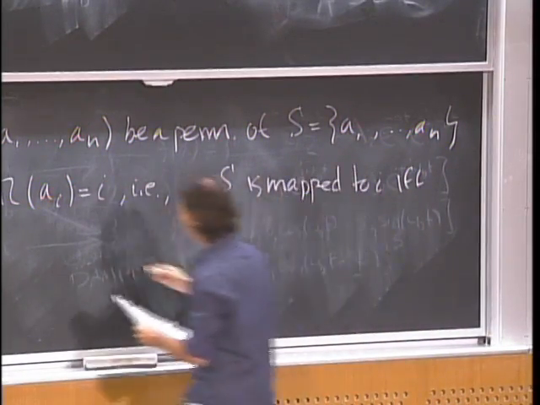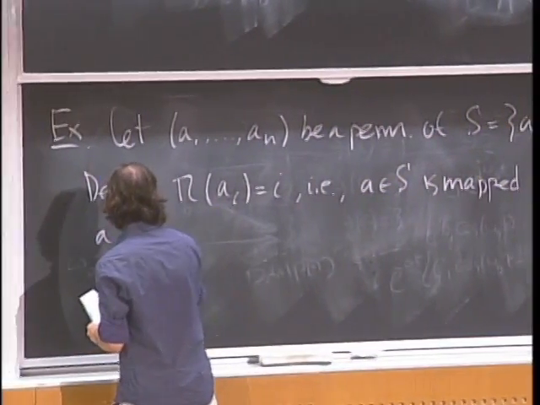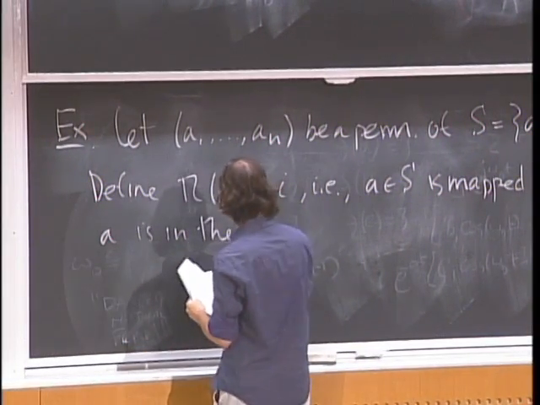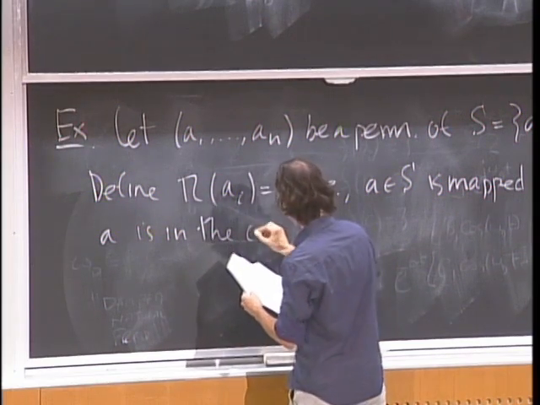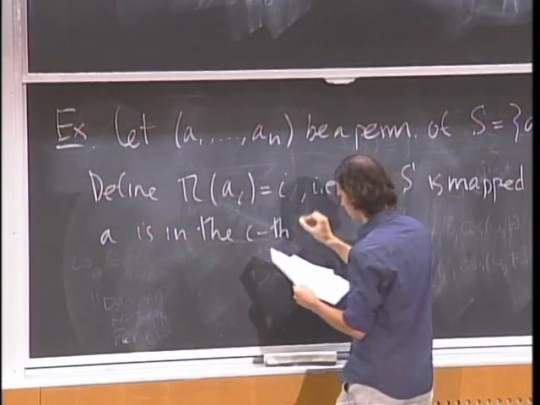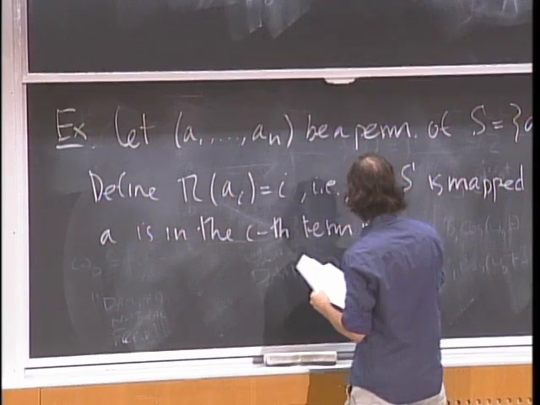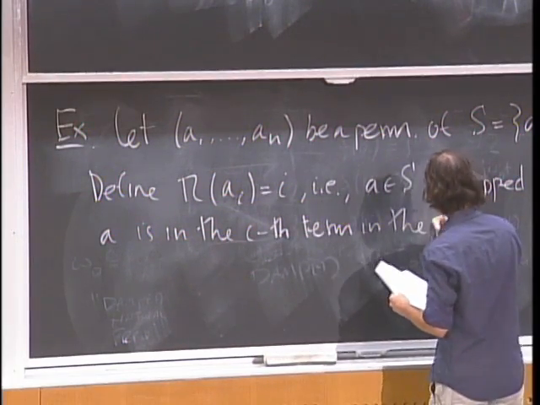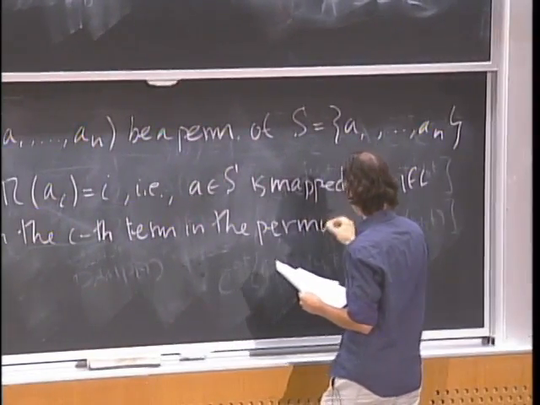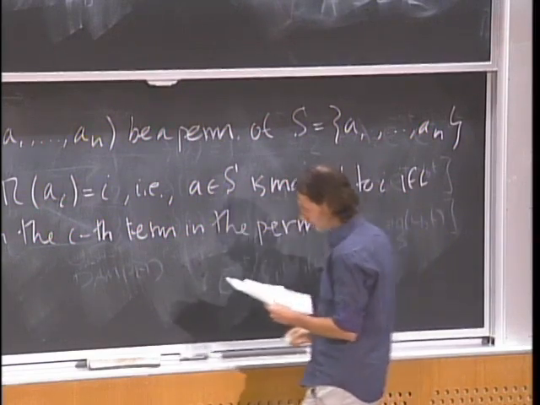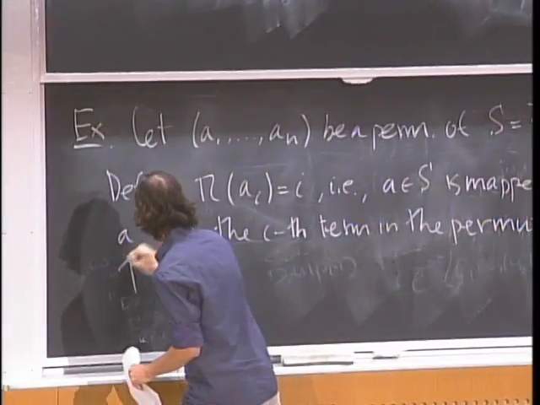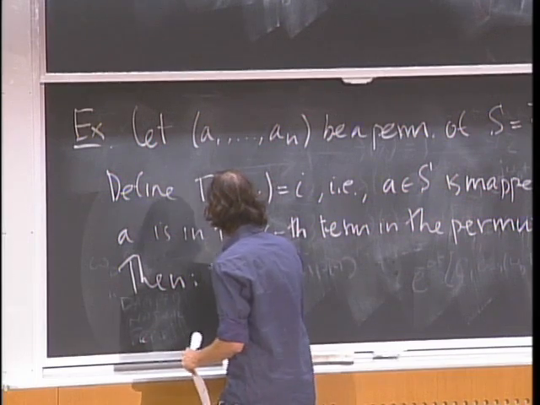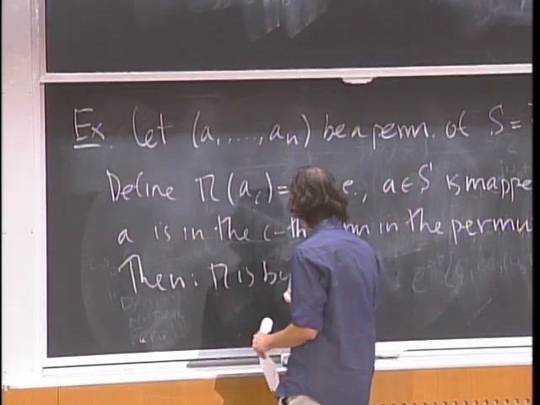So if and only if A is in the ith term in the permutation. In this case, we know that pi is bijective. And why is this?